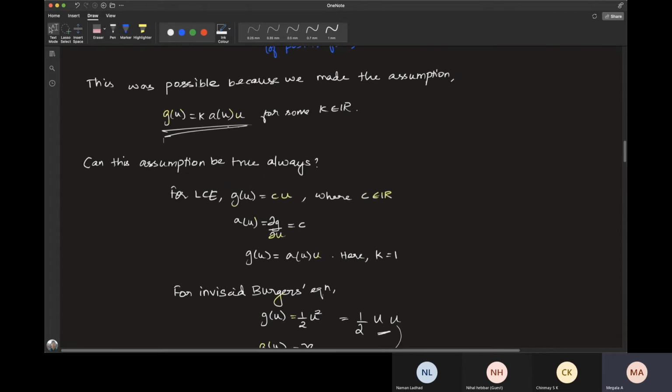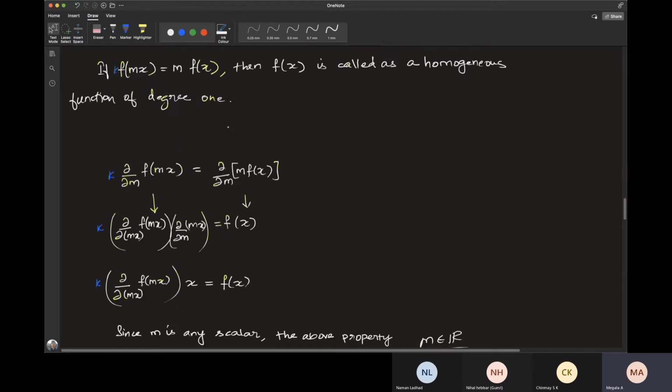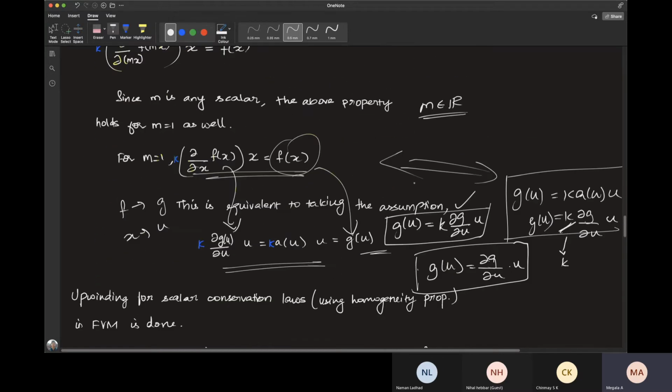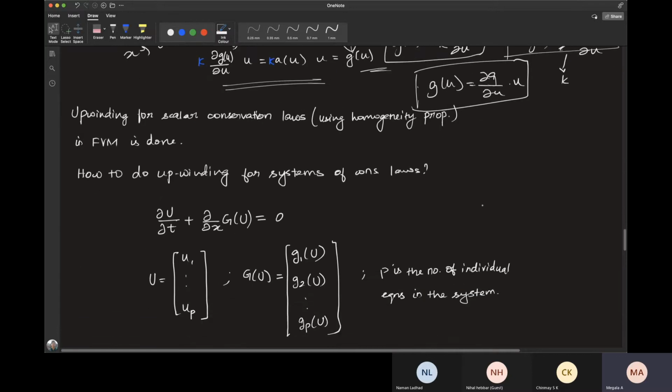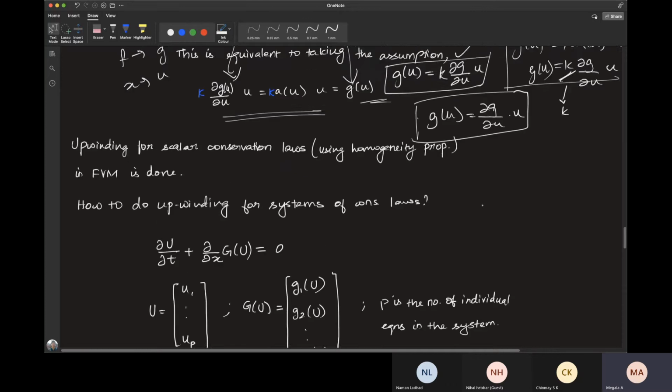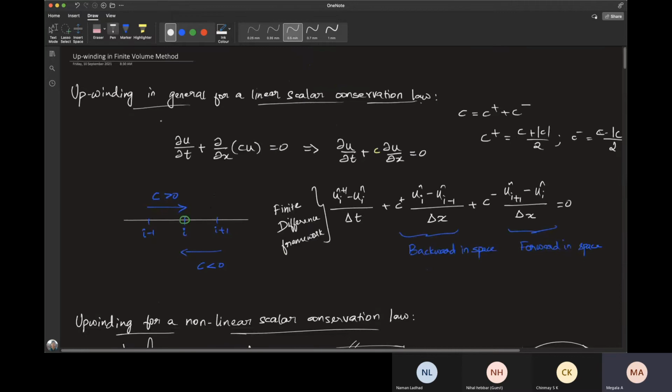So let us now consider only the functions for which this homogeneity property holds, and for which we can get this inference: g of u equals k into dou g by dou u into u. So we'll be considering only such functions. As of now, we have seen how to do upwinding for scalar conservation laws. From the beginning, we have considered a linear scalar conservation law where u is a scalar and g of u is also a scalar.